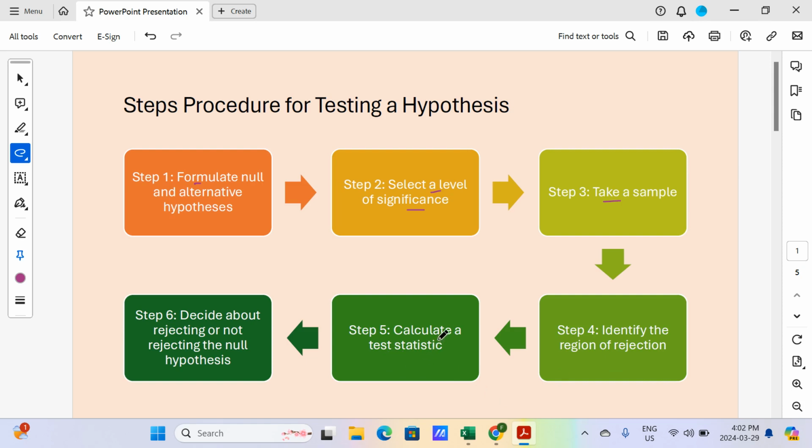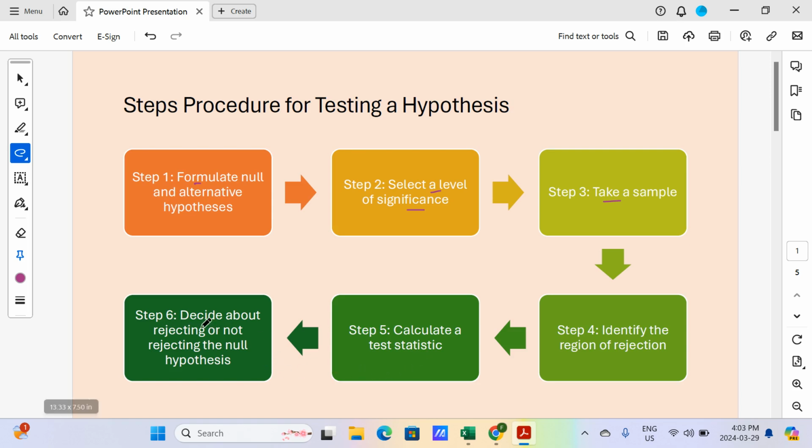If sigma, the population standard deviation, is known and we are doing a hypothesis testing for a population mean, I need to find the z value of x bar. But if sigma is unknown, it's not given in the question, I need to find the t value of x bar, by using the t student distribution.